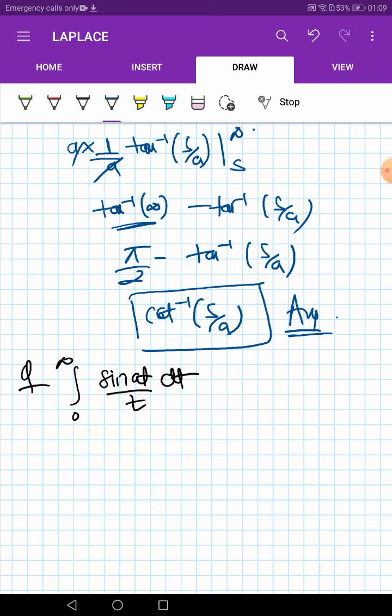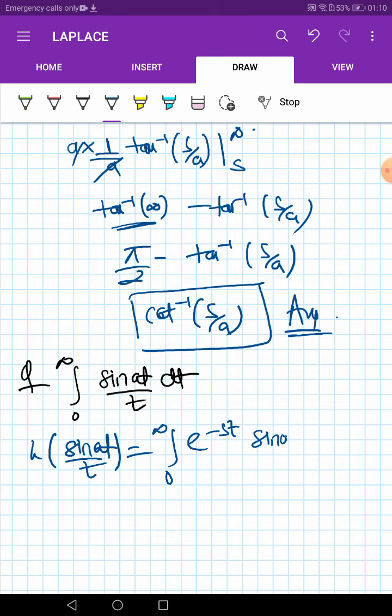You can write the Laplace transformation of sin at by t is equal to the standard definition, the integration from 0 to infinity of e^(−st) times sin at by t dt, which is equal to cot inverse s by a that we have solved recently.